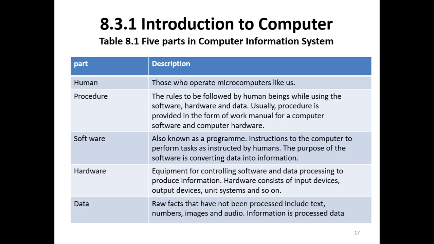And you have the hardware, that is the equipment that controls the software, and it is the data processing, where we have the input devices, output devices, all those kinds of things. And then we have the data, so that is the raw facts that have not been processed. So that is the text, numbers, images, audio information, and all that. So these are the 5 most important parts in a computer information system.